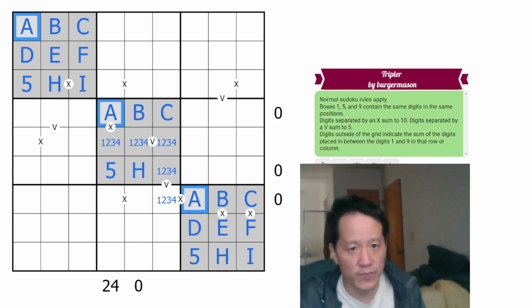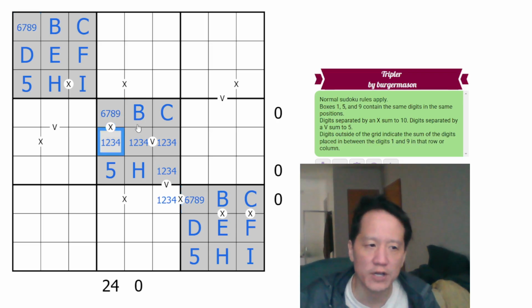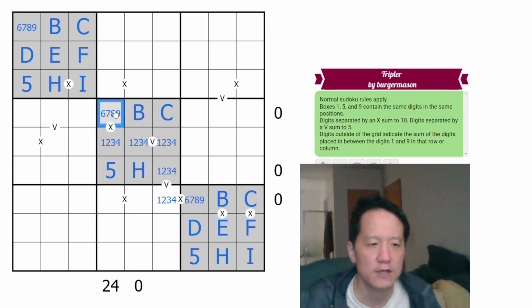But the problem with A being a 9 is that it would be next to a 1 in this column. And the column says that the 1 and the 9 have 24 as the sum of the digits in between them.